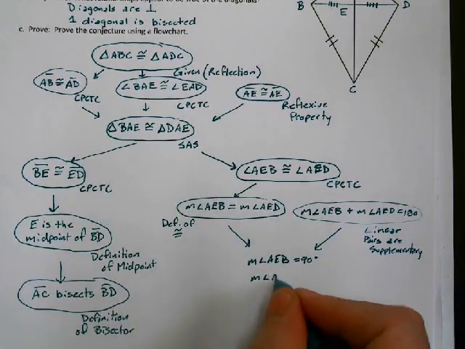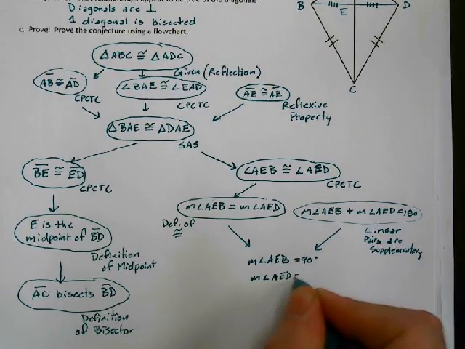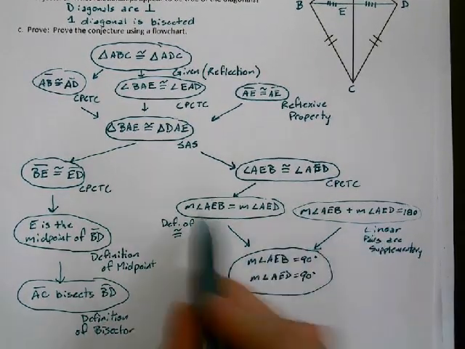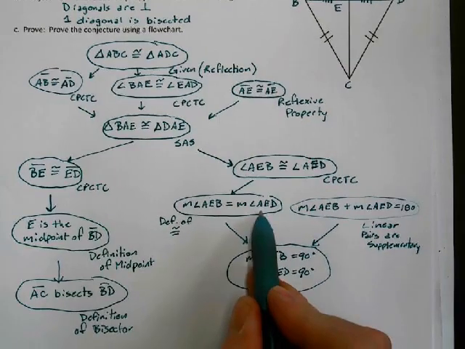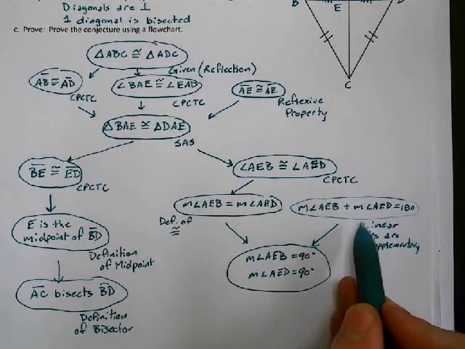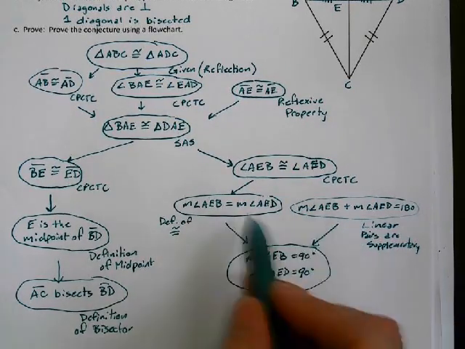We said they're equal to each other, and they add up to 180. If they're equal and add to 180, they must both be 90. We can just substitute in numbers there. So we'll just call this substitution.